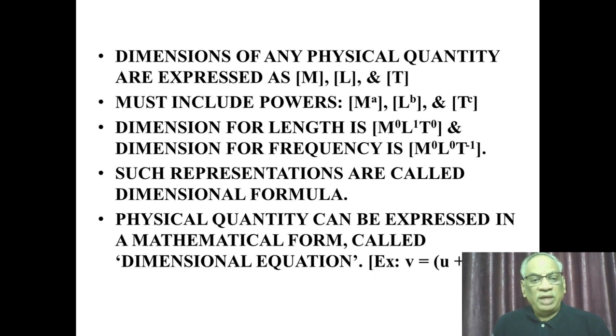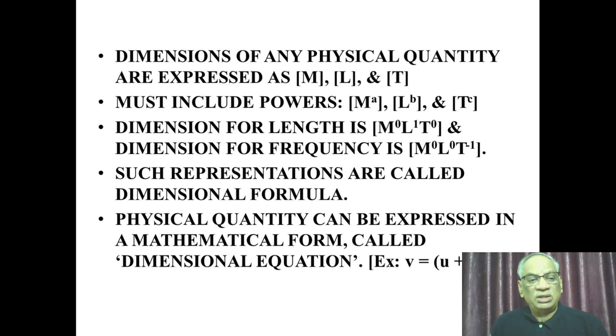If you are talking about the dimensions for length, they are given as M to the power of 0, because mass is not there, meaning there is no mass content. L content is L to the power of 1, and time is not there, so T to the power of 0.